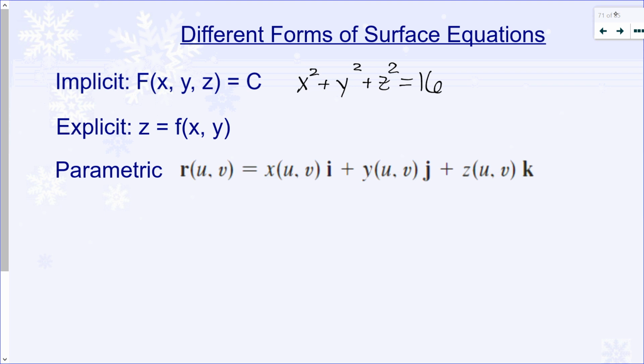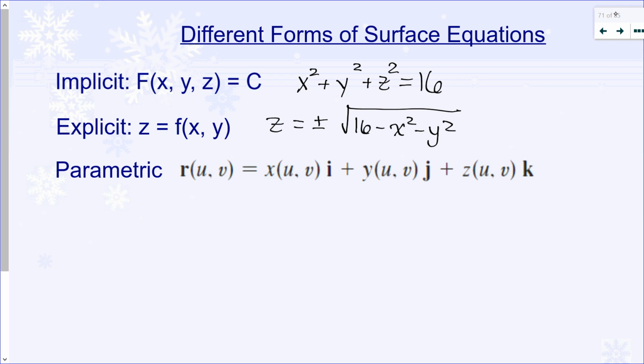We could write it explicitly in terms of one of our variables. Typically, we did this in terms of z, so we could orient things in terms of the xy plane. In this case, z would be plus or minus the square root of 16 minus x squared minus y squared.